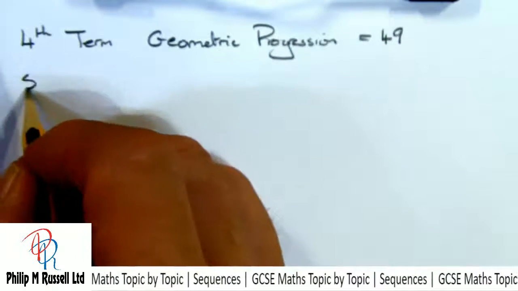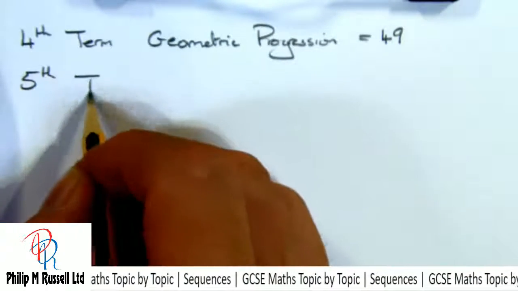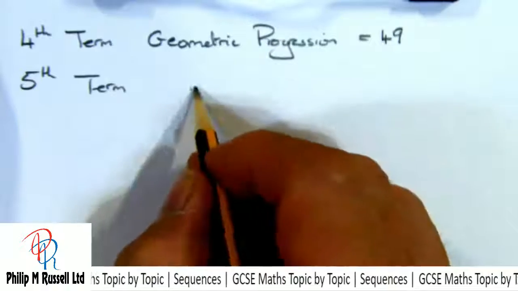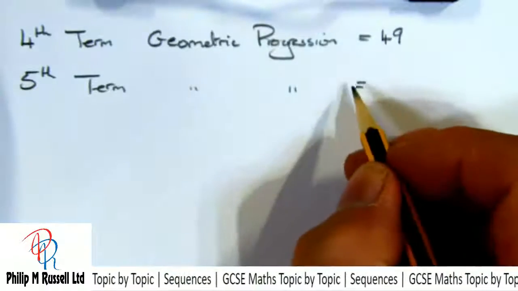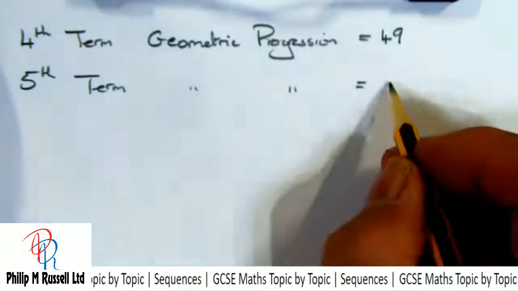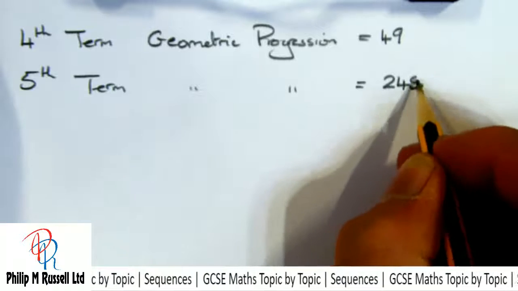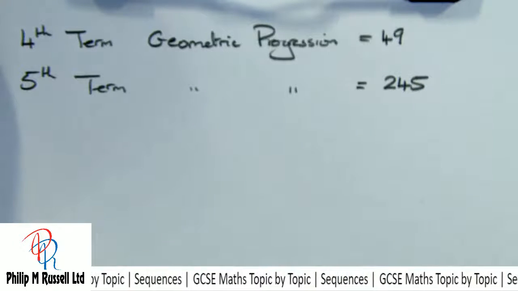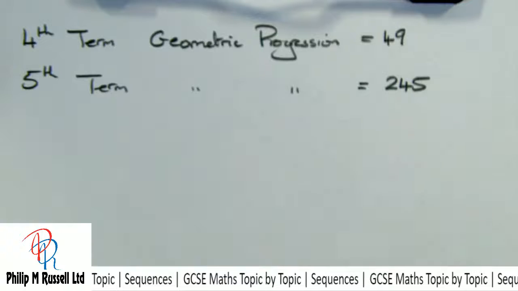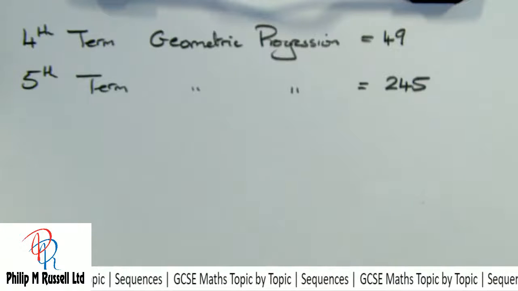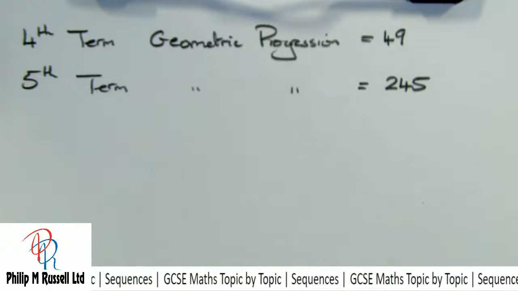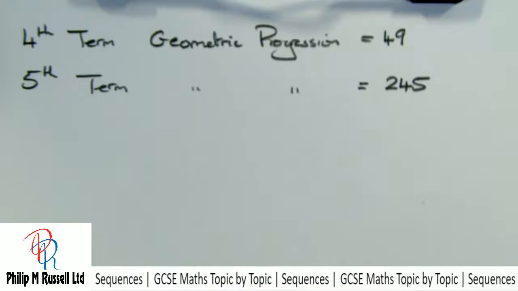And we're told that my fifth term in this geometric progression is going to equal 245. Ugh, this looks a bit horrid, doesn't it? I wonder what we can try and do to solve this problem.